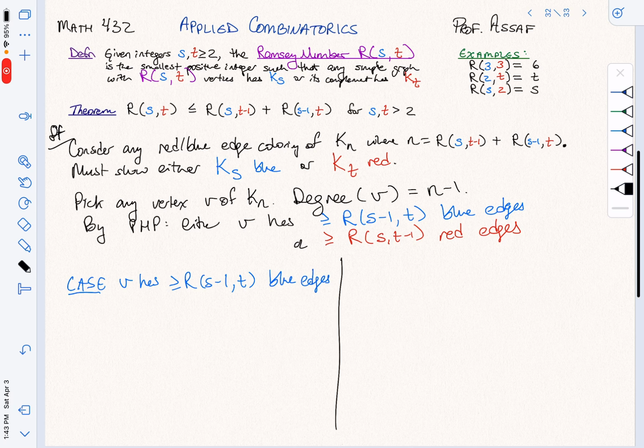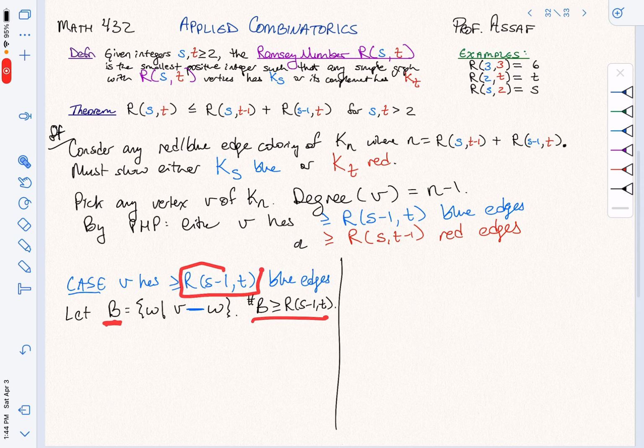Well, let B equal the set of w such that we have v to w by a blue edge. Now we know that the size of B is at least R(s-1,t). B is a complete graph on the vertices that it has, if we think of it as a subset of our complete graph, and we know it's at least this big.